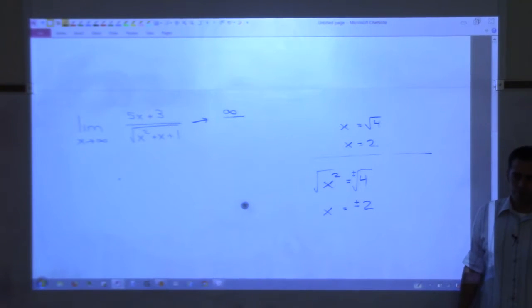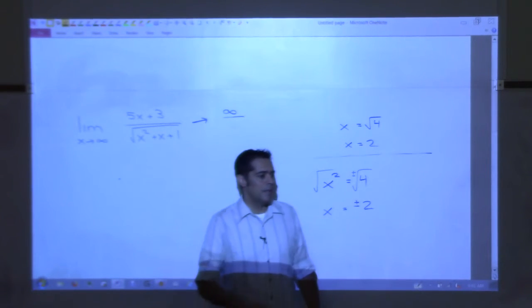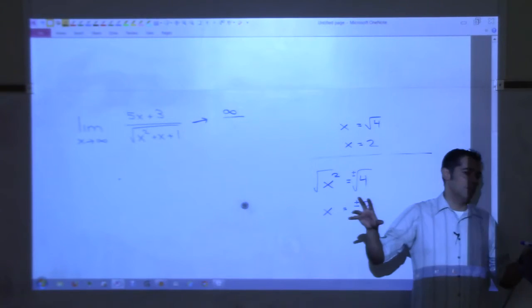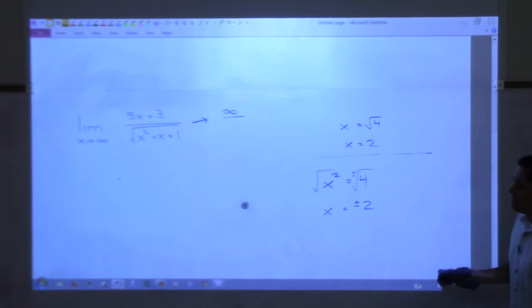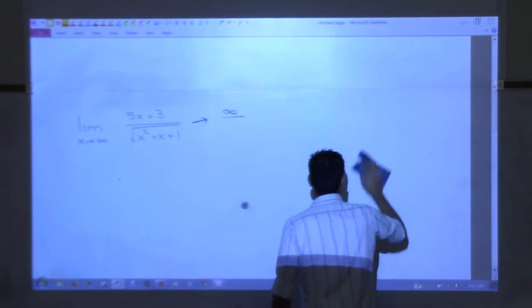They could have put a minus here, but if they put both plus or minus, they're actually looking at two different functions. So that's not going to happen. That's a good question. Did that help a little bit? Okay. So we didn't initiate that root, so we don't have to look at the plus or minus.